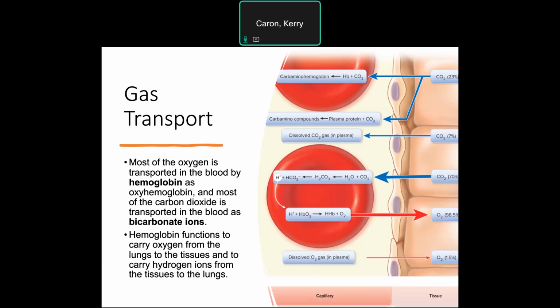So gas transport, how do we move gas around? If you remember, the red blood cells have a protein called hemoglobin, and when they pick up oxygen, they're called oxyhemoglobin. And then carbon dioxide is transported in the blood as bicarbonate ions. Hemoglobin is going to carry that oxygen around from the lungs to the tissues and then carry hydrogen ions back from the tissues back to the lungs.